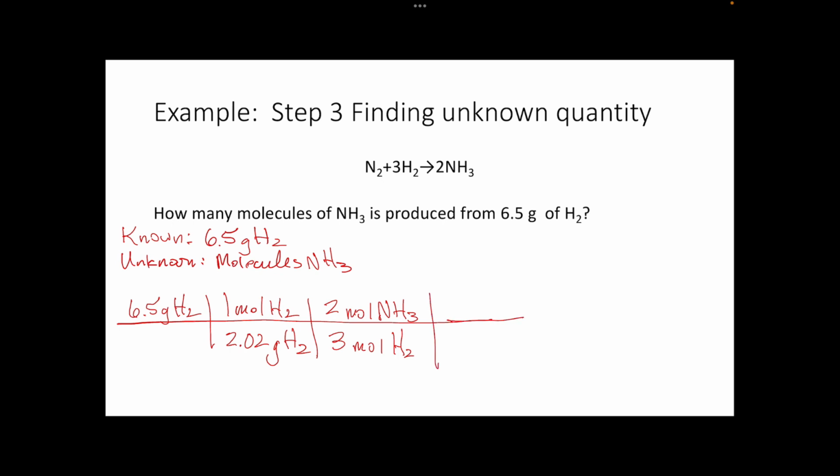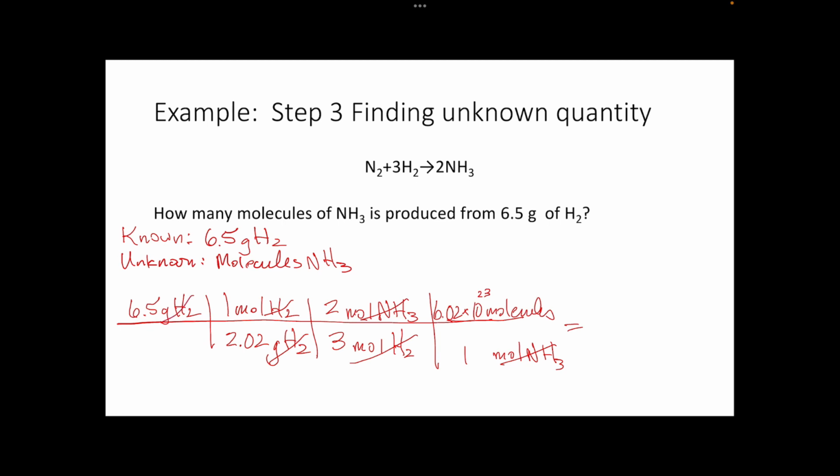All right, and then lastly, we're trying to go to molecules. So we're going to want to know moles to molecules here. We know that for 1 mole of NH3, we have 6.02 times 10 to the 23rd. All right, so making sure our units all cancel out, which they do. Wonderful.